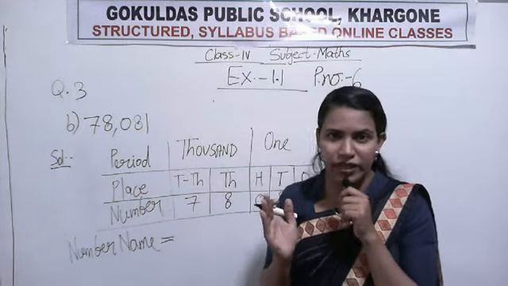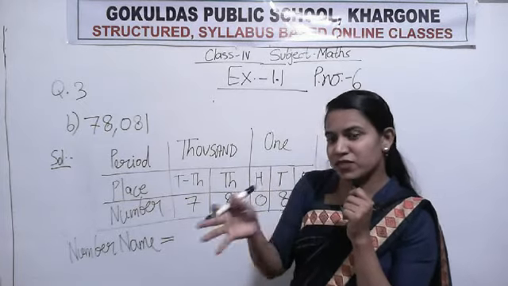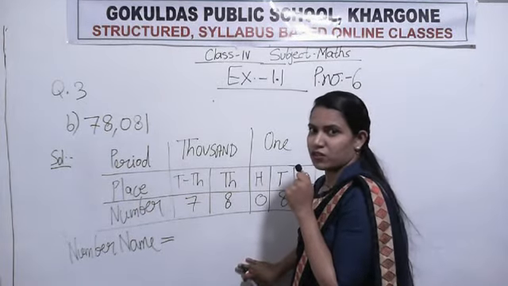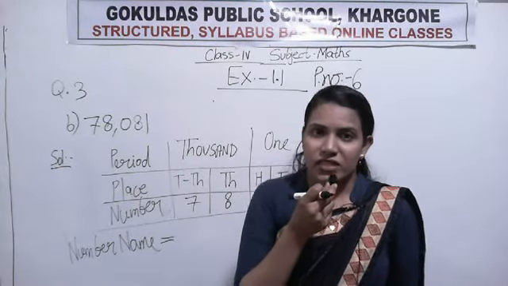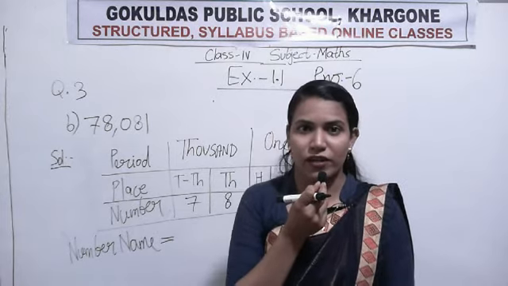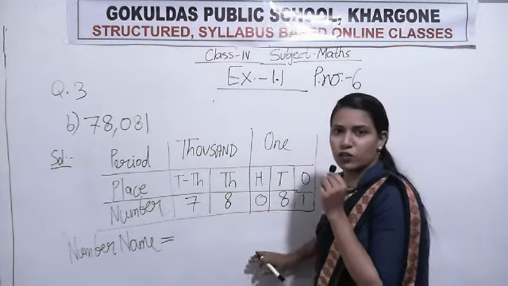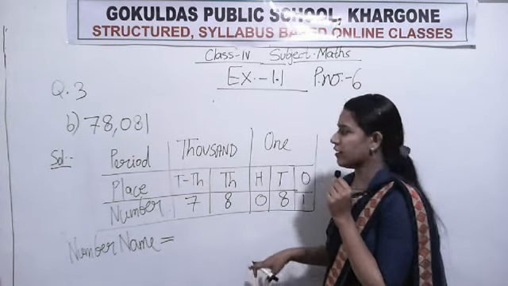You have to learn that table properly. If you learn the number names, then only you can do this question. So the tables I gave you in the previous class, those number names you have to learn very properly, so that you can do question number 3.